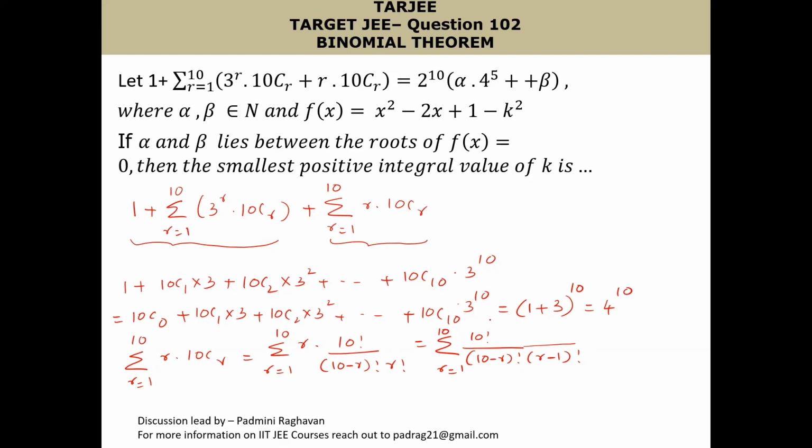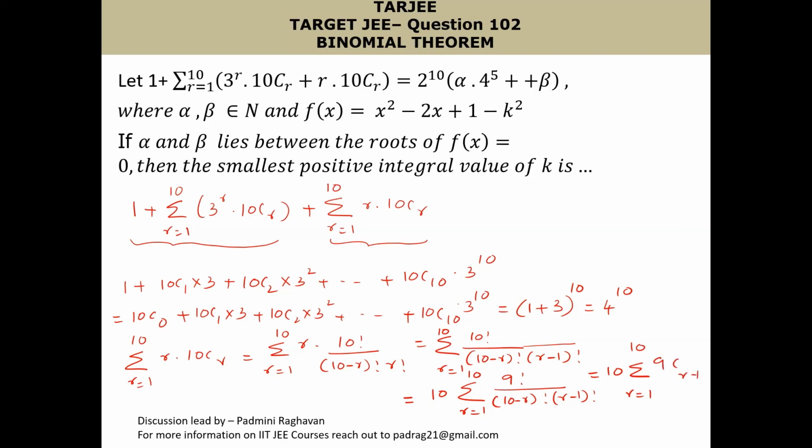If you want to express this in nCr form, you need a 9 factorial on top. So we are going to take this 10 factorial as 10 into 9 factorial. So let me pull out the 10 and write this as sigma r is equal to 1 to 10, 9 factorial divided by 10 minus r factorial into r minus 1 factorial, which is nothing but 10 times sigma r is equal to 1 to 10, 9c r minus 1.